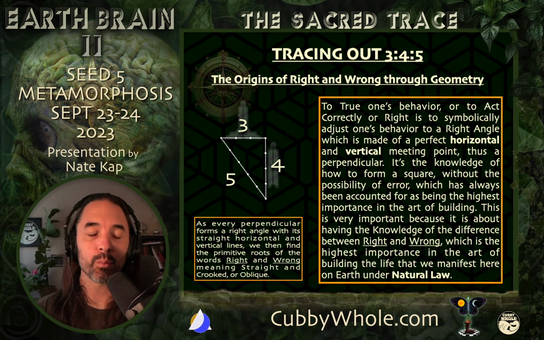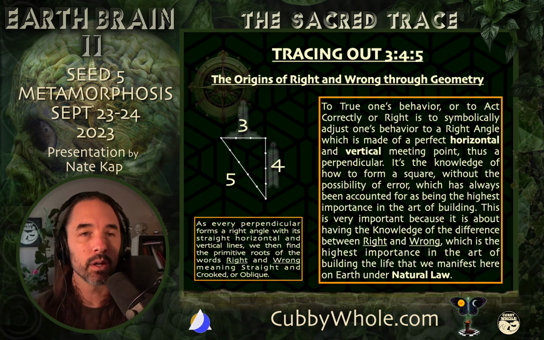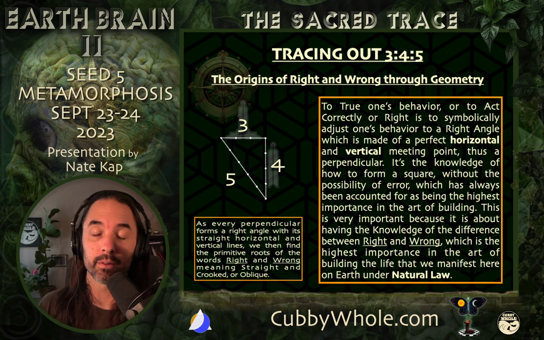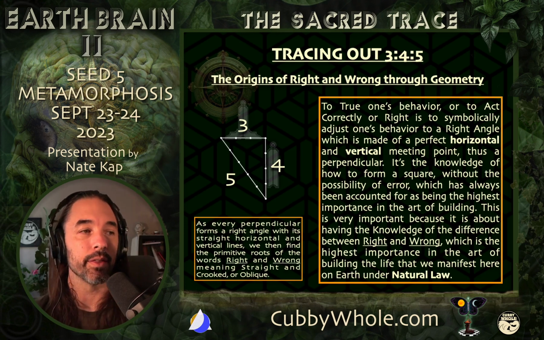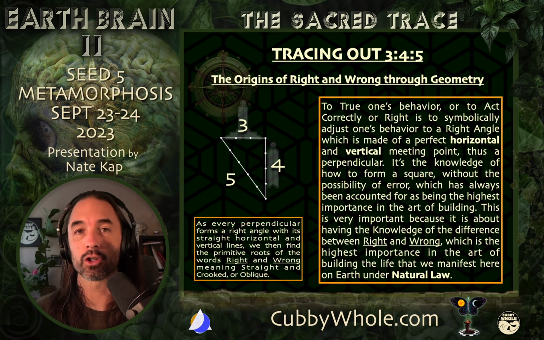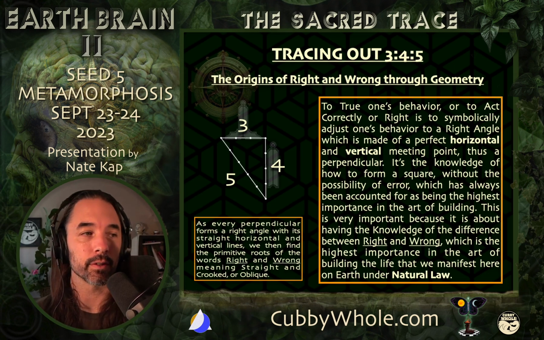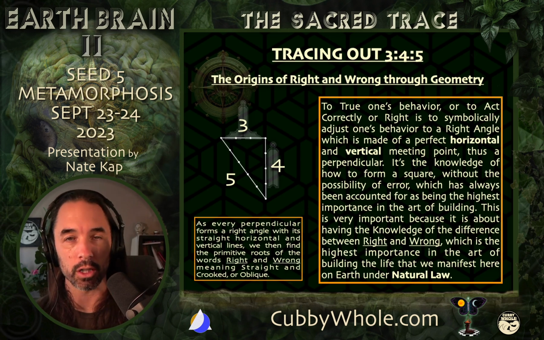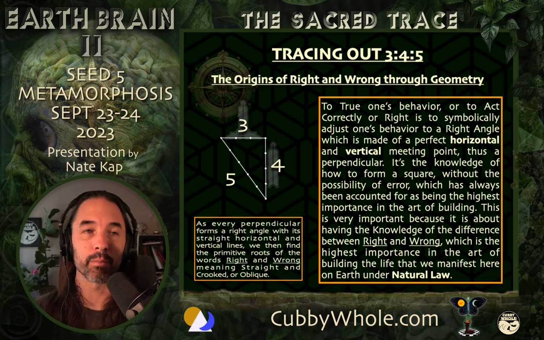So this is where we get the idea that if someone is doing something wrong and they're stealing from someone, they're a crook, or they're crooked. So it's about understanding that crooked or crook is associated with bad behavior, with wrong behavior.